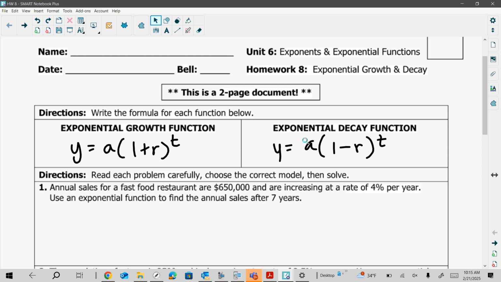So you might want to copy these 2 formulas down because that's what you're going to be using with each word problem. Now, you do have to pay attention in your reading for clues indicating growth, which would be increasing, versus decay, which would be decreasing or depreciating.